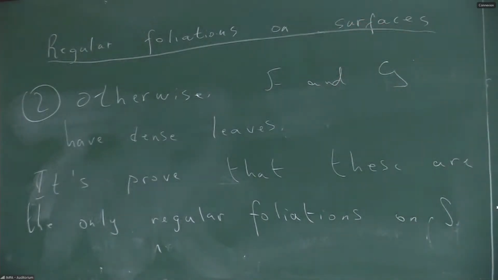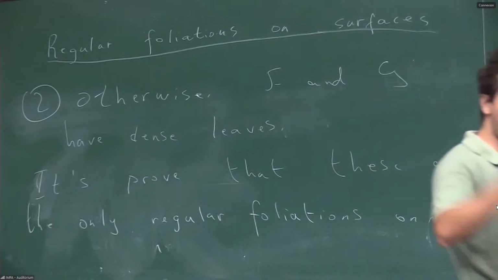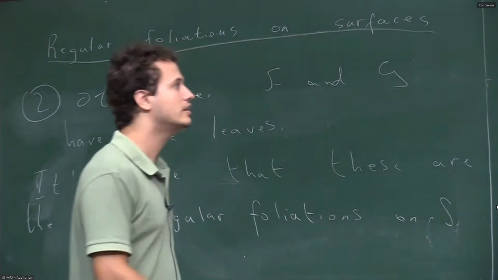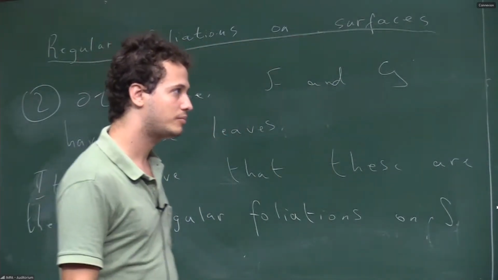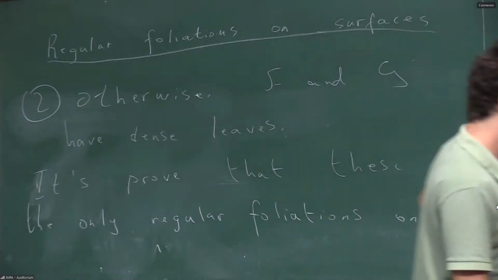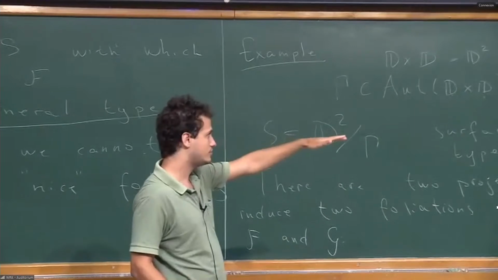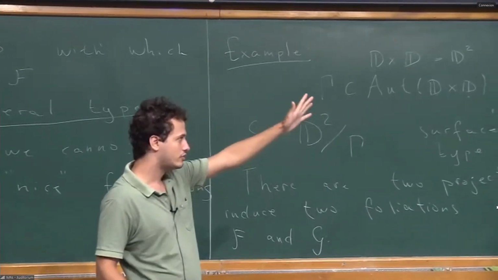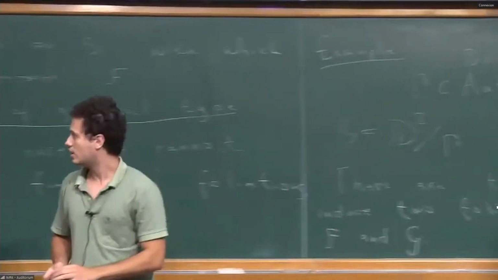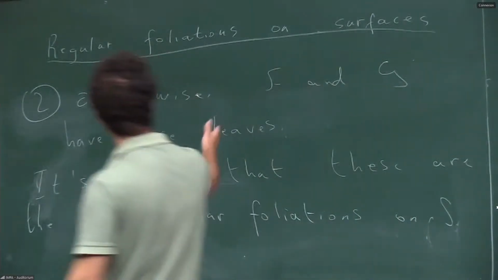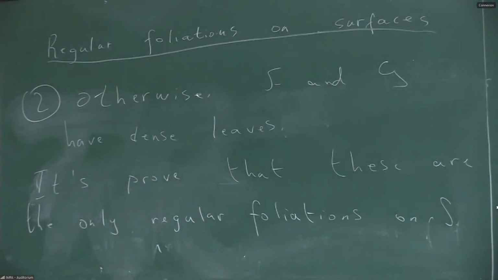One strategy is to see what properties this example gives and try first to see if you can prove that all regular foliations on any surface of general type also satisfy these properties. So we see in this example that there are only two possibilities: either a regular foliation is a fibration or a foliation with dense leaves.